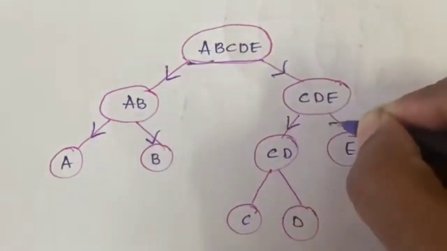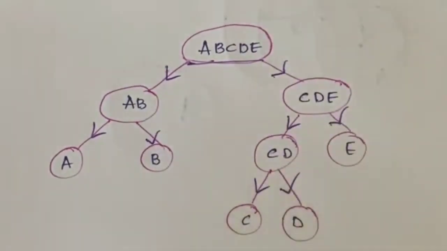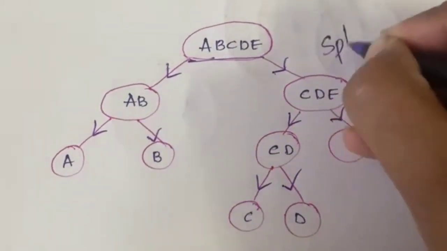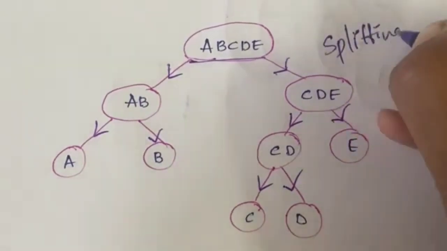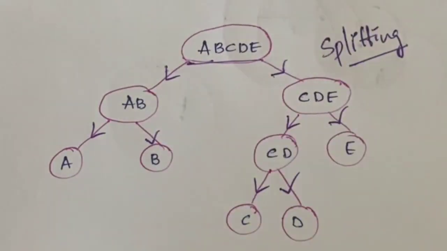So, the line goes top down. Then this is what we call cluster splitting.